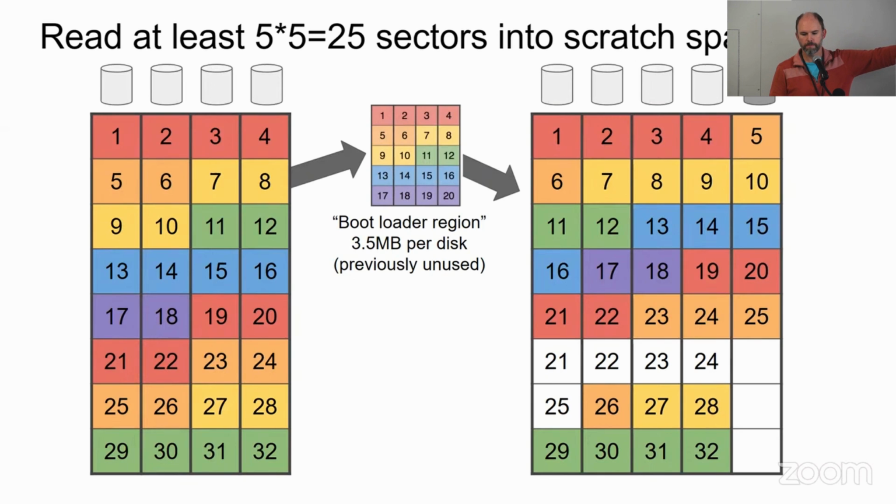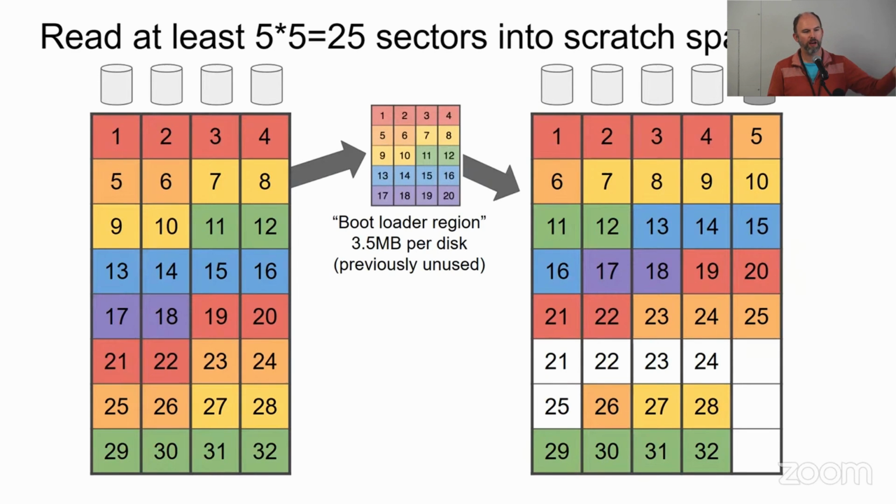We read the first, it has to be at least the width squared. So in this case, 5 times 5, it has to be at least 25 sectors total. But in practice, we have this much larger space, 3.5 megabytes. So we read the first 3.5 megabytes, and then we write it to this scratch space, and then we can overwrite the first 3.5 megabytes of each disk, and then atomically switch forward and say, okay, that's all done.